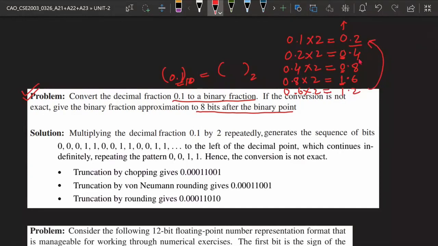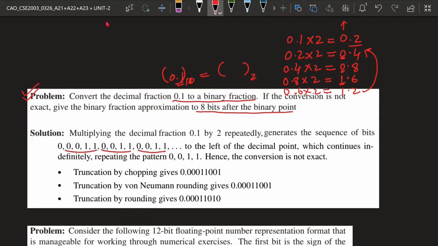Again 0.2 multiplied by 2, and like that. So 0.2 will be repeating here, this step. The obtained integer values are 0, 0, 0, then 1, 1, and after that 0, 0, 1, 1, then again. So these are the integers that are going to be repeated.